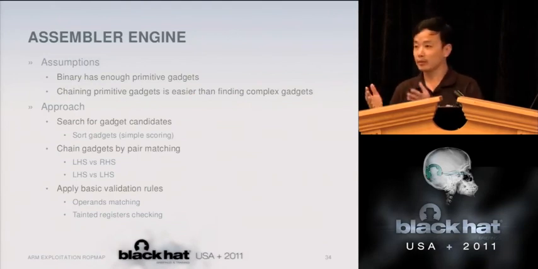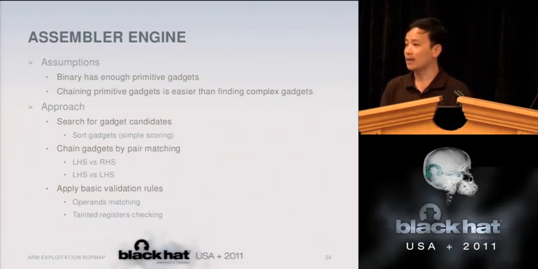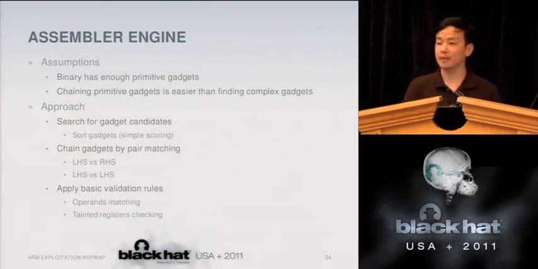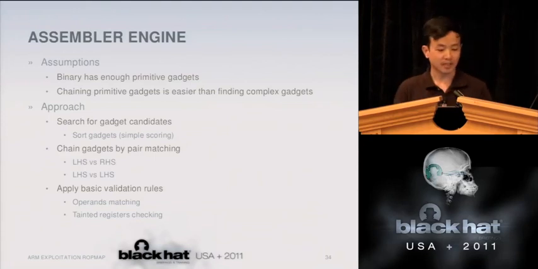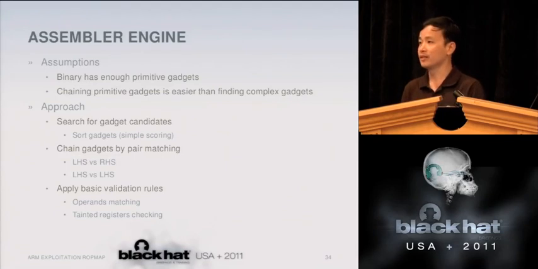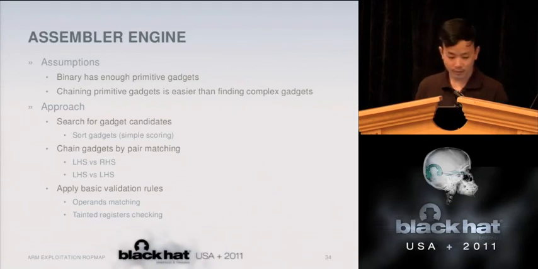Then we chain them together via what we call pair matching, like the left-hand side of this gadget matched with the right-hand side of this gadget, and the left-hand side of this matched with the left-hand side of this. That's all. We also apply some very basic validation rules, like operand matching, where registers must match from the ROP instruction to the gadget. And we also do some tainted register checking, which we will see later.